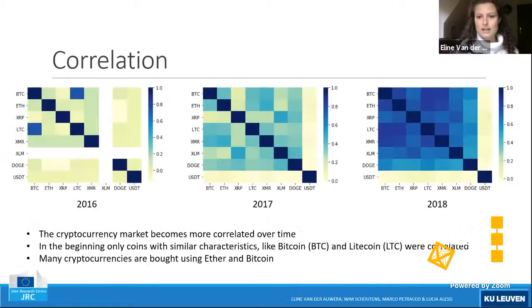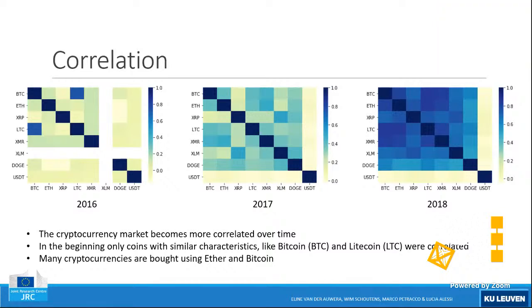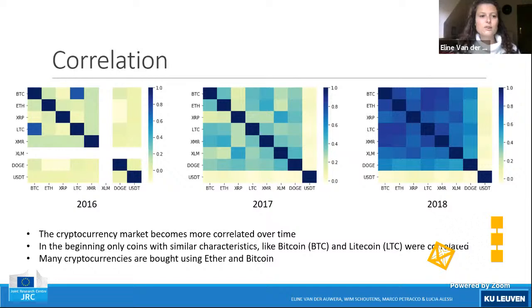Okay, so as I mentioned, we will start with the correlation between cryptocurrencies. And we will first look at the situation in 2016 here. And as you can see, the market had a rather low correlation. The cryptocurrencies were not that correlated, except for Bitcoin and Litecoin, here represented by the ticker BTC and LTC.